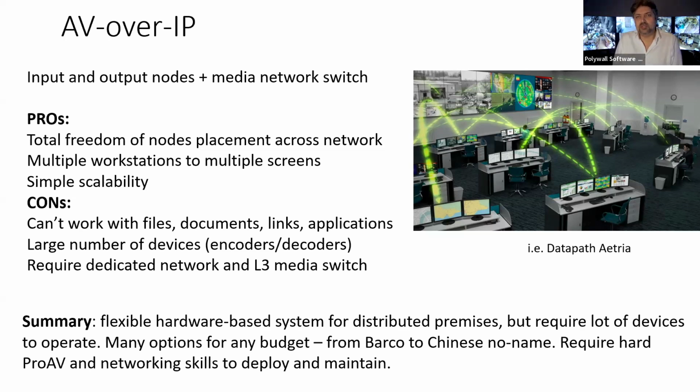The positive side, and for illustration I took Datapath Atria, quite a good AV system right now, is that you are completely free as to where your nodes are physically located. Your workstation can be in one room, your screen can be in another room, you can have multiple screens across the facility, and you can easily decide which source will be on which screen.